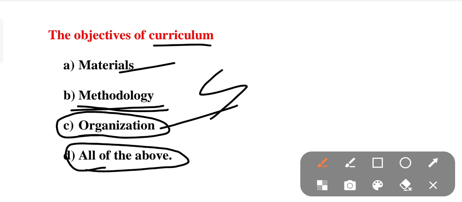Those are subjects which we organize for the classes for the students. So it should be based on a perfect organization. So the right answer is all of the above. Curriculum is based on the materials, methodology and organization.